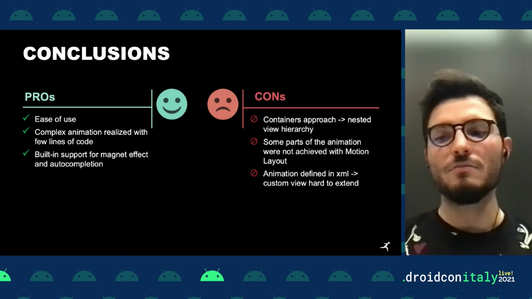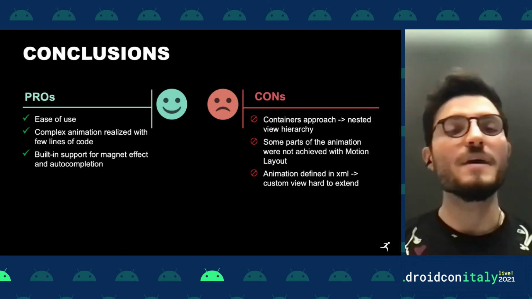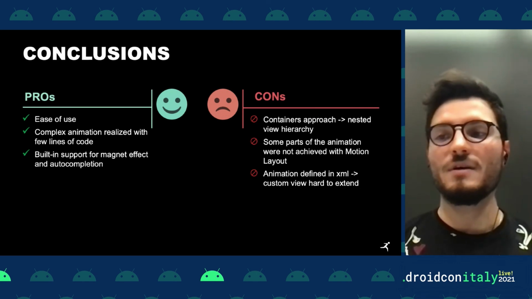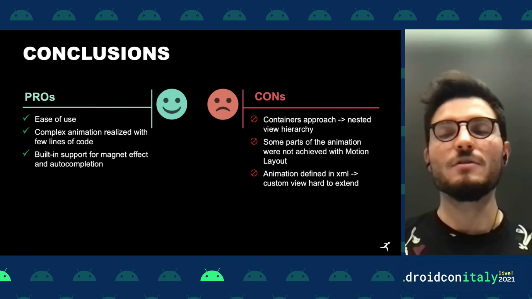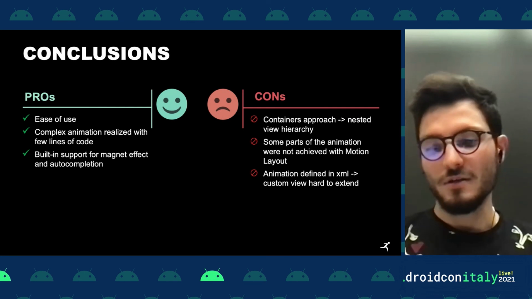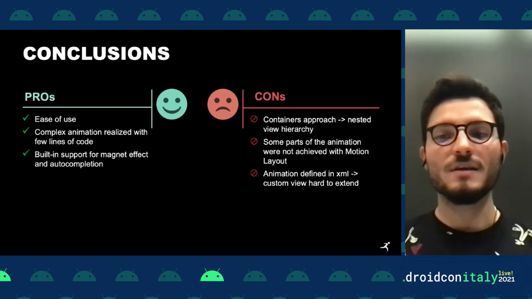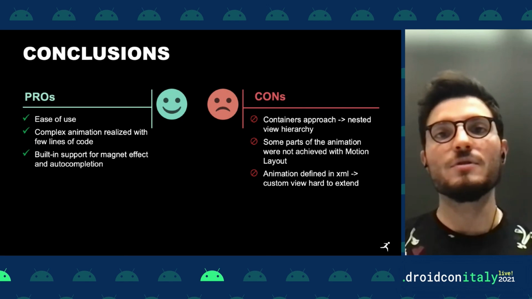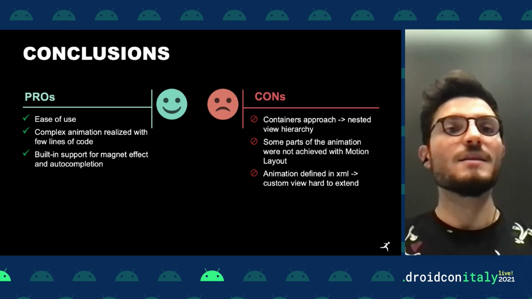That, from a certain point of view, was a good thing. Another very good thing was the built-in support for the magnet effect and auto completion. As I said before, doing that using some other component was probably not so easy. With MotionLayout, it was given just for free. And these are the good things.